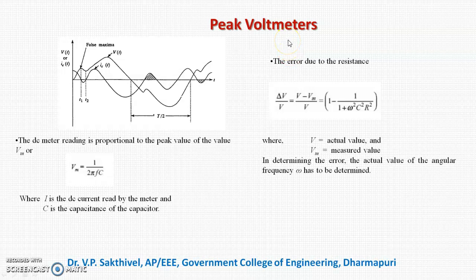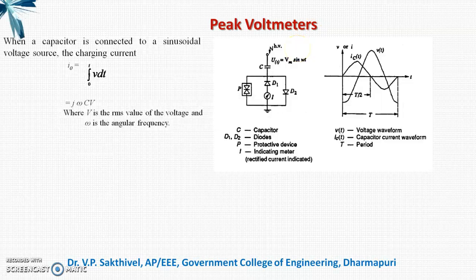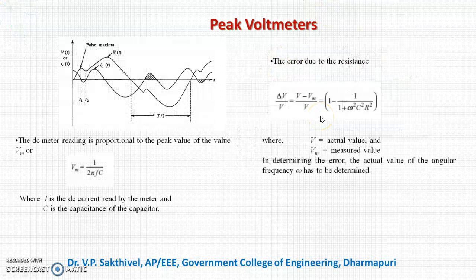This problem can also be overcome by using a resistance R in series with the capacitor. If you use a resistance in series with the capacitor, then the error can be reduced. The error due to the resistance may be given by delta V divided by V equal to this value, where V is the actual value and Vm is the measured value. In determining the error, you may find that the actual value of angular frequency has been determined.